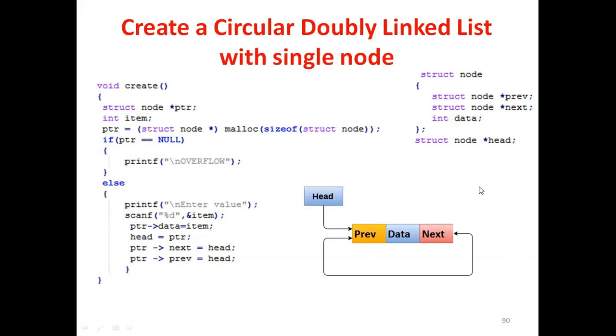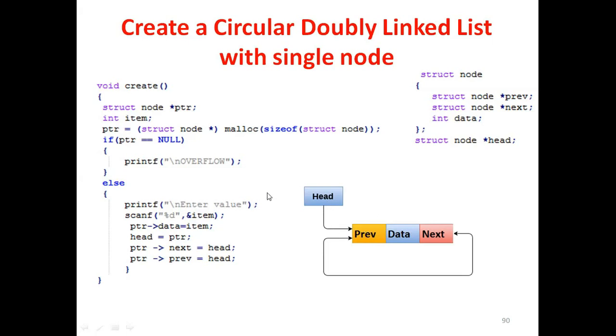Sir, head. Yes. So this next field will be pointing to the same node, the first node, and this previous field will also point to this first node. So the next value will be head and the previous value will also be head, because head contains the address of this node. Yes or no? So this next field will contain the address of this node, and this previous field will also contain the address of this node, and the address of this node is present in head.